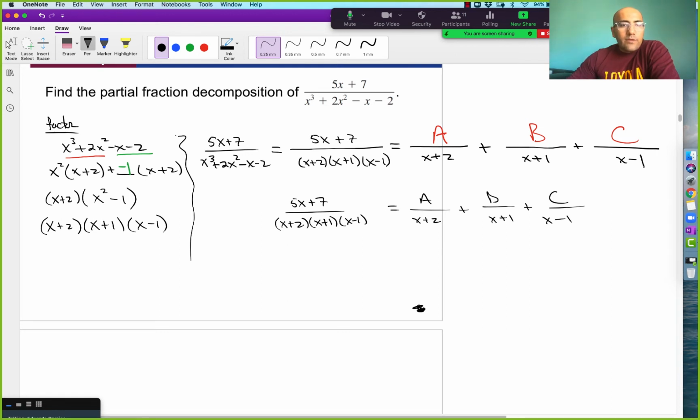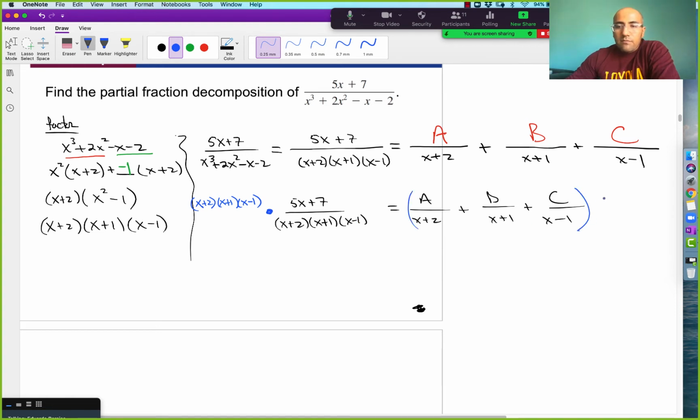And so now what I'm going to do is multiply both sides of the equal sign by the denominator. I want to solve for A, B, C such that this is true. So I'm going to begin by multiplying this side by (x + 2)(x + 1)(x - 1). If I multiply by these three terms, then all the terms of the denominator on the left-hand side cancel.